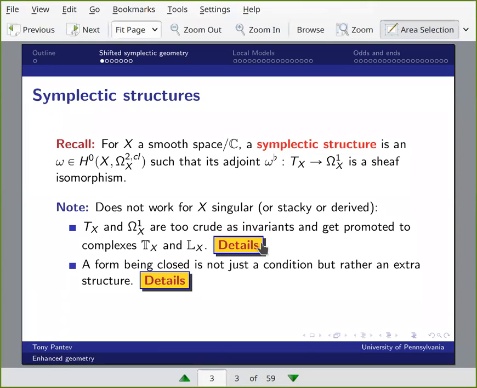And that actually is already good enough theory. There is a lot you can say about the relationship between the tangent complex and the cotangent complex in this case. And that actually does appear in practice, especially when you work with formal schemes.